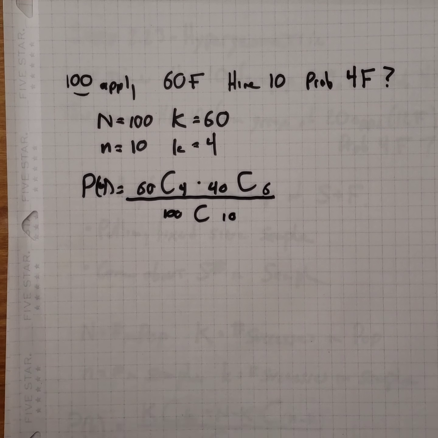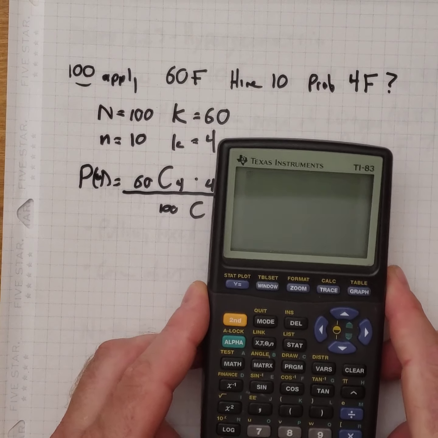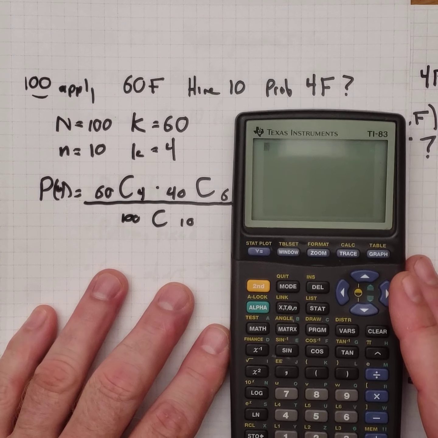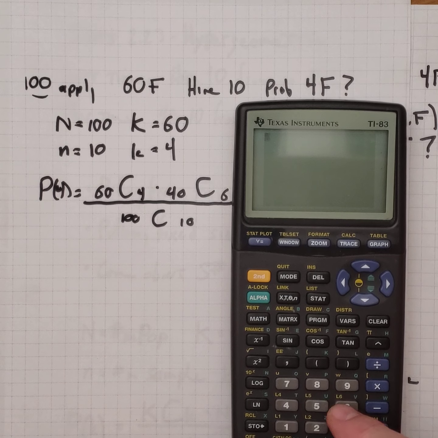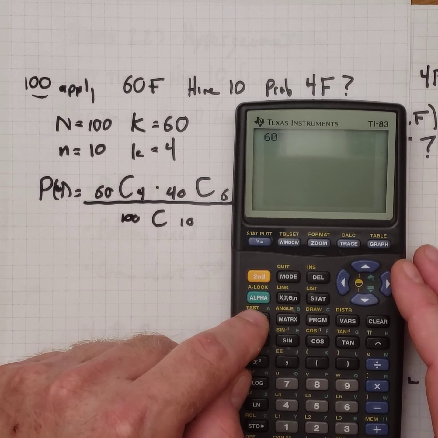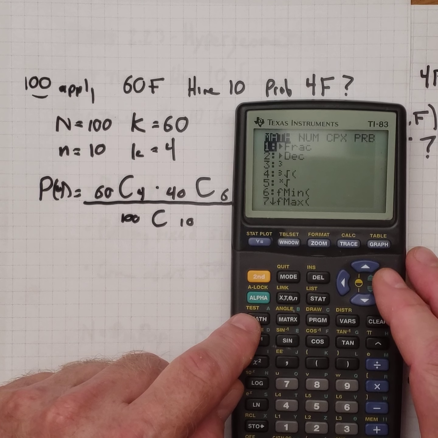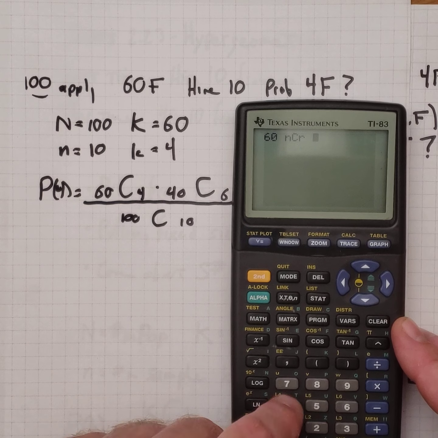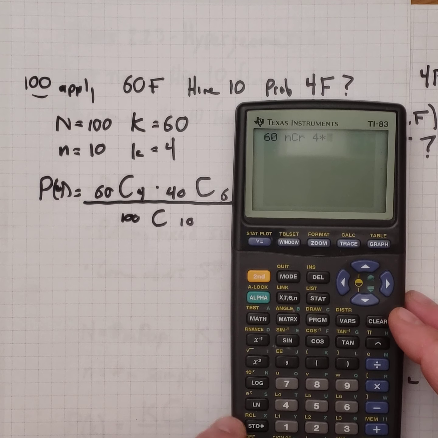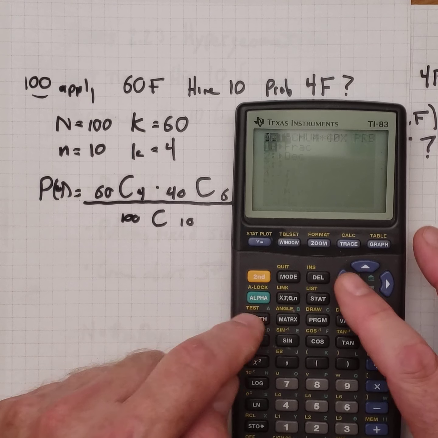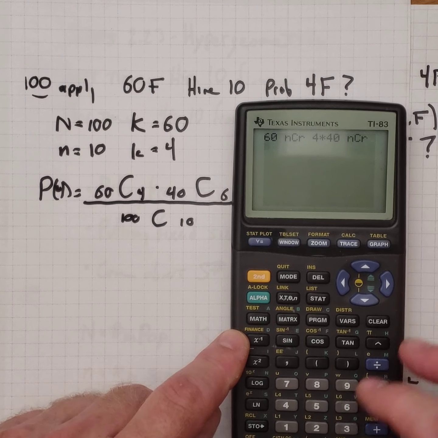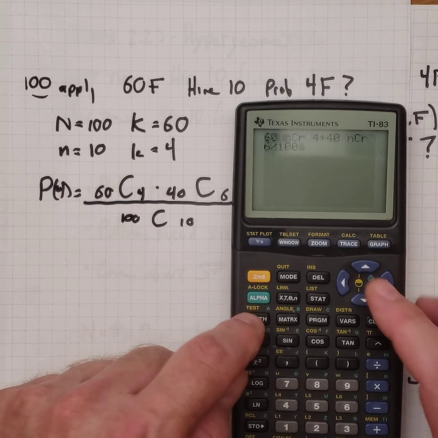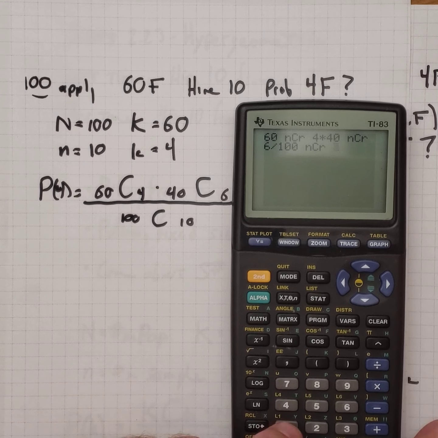And the bad news is the calculator doesn't do this for us. So we're going to have to do this one by hand every time. It's a little tedious, but it's not impossible. 60, remember, C is under math over to probability there. 60 C 4 times 40 C 6 divided by 100 C 10.